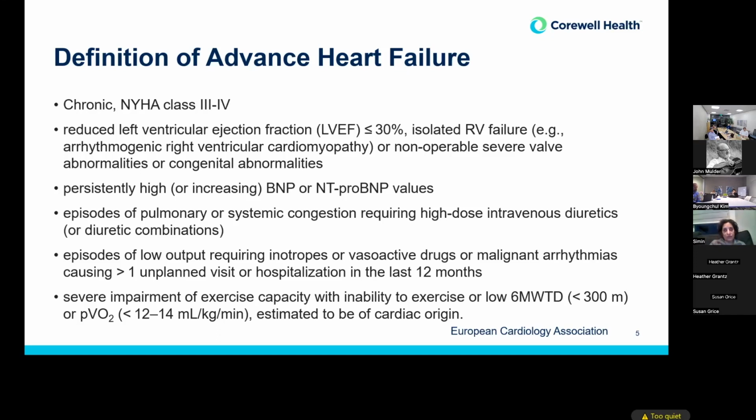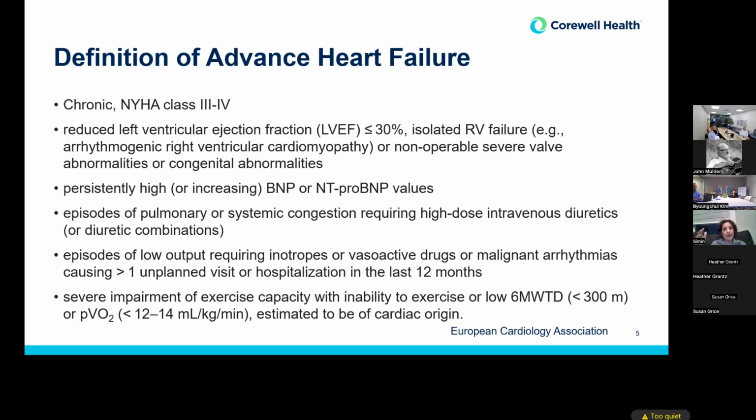And I want you to sort of visualize what this patient looks like, because that's going to come in handy further down in my presentation. So really, we're looking at a patient who has signs of left ventricular or right ventricular heart failure. When you look at the labs, you're going to see a persistently or increasing BNP.